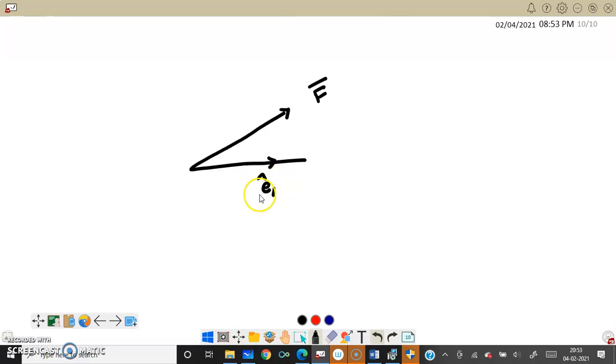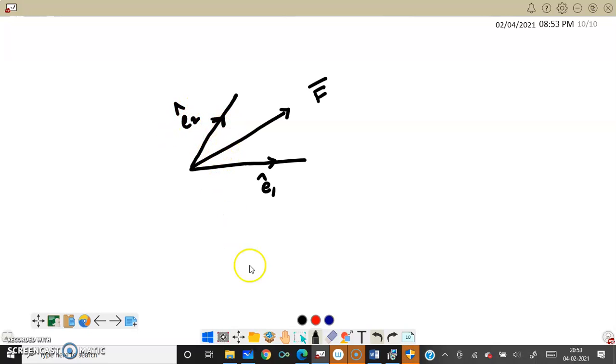The one whose component has unit vector E1, and another component whose unit vector is E2. So E1 cap and E2 cap are both given. We want to find the component of F in the E1 direction and the component of F in the E2 direction.